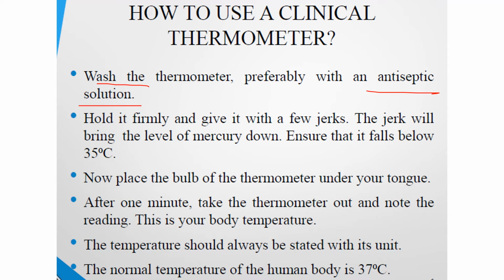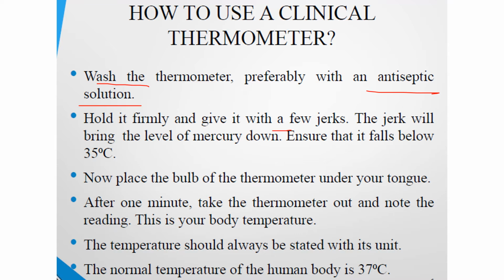Then you hold it firmly and give it a few jerks, the jerks will bring the level of mercury down, ensure that it falls below 35 degrees Celsius. Di ba pag when we say jerks, ito po yung parang niyuyugyug natin yung clinical thermometer, dapat yung mercury bumaba. Okay? Para tayo makapag-umpisang magkuha ng temperatura sa ating katawan.